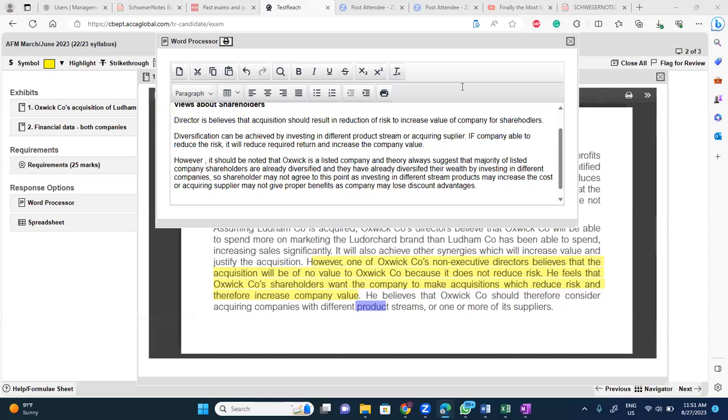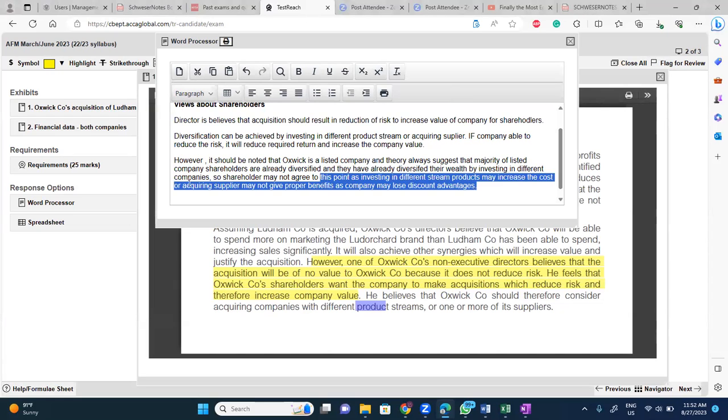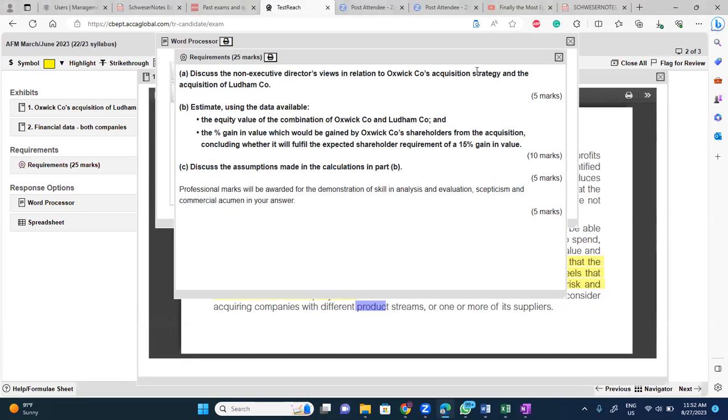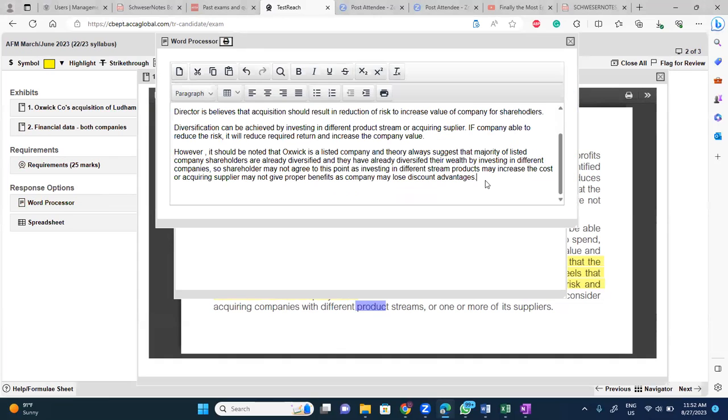Next, you can avoid this last line because we have to discuss it in detail. What are the other views? The requirement is the acquisition of Ludum company, and you can also discuss the acquisition of a supplier.